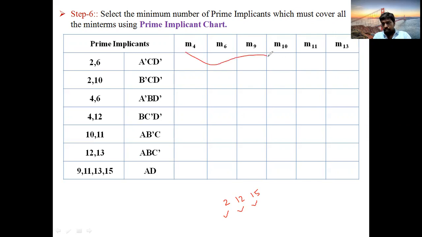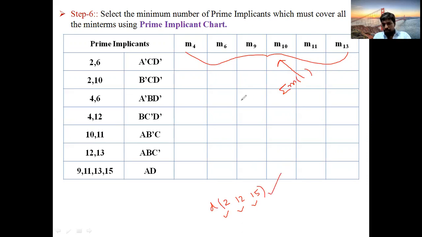See, I only wrote the values of summation M. Summation M of, they have given 4, 6, 9, 10, 11, 13. Only these values I wrote in the columns. I didn't include the values of don't care. You should not include the values of don't care in this table.